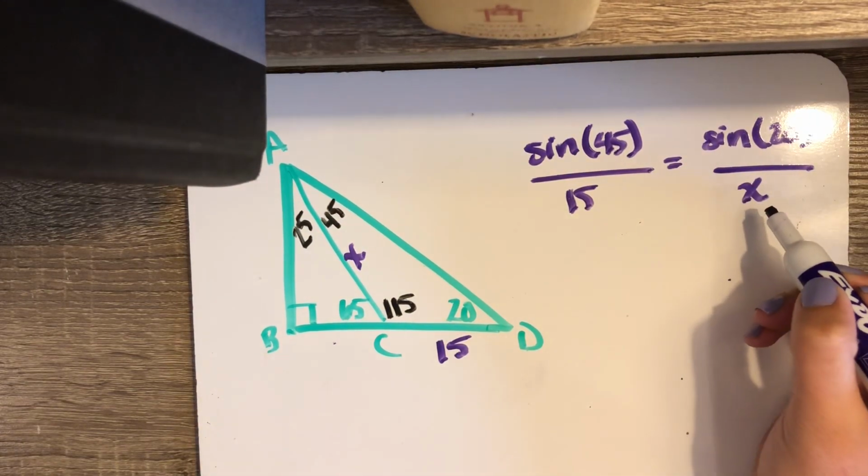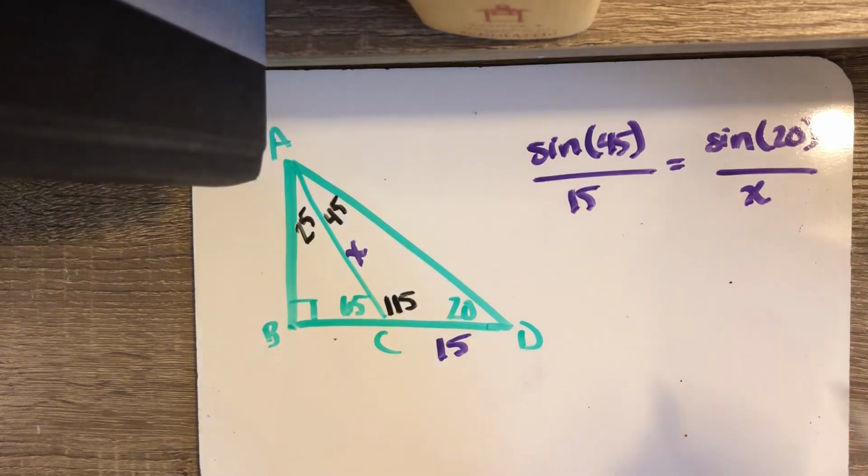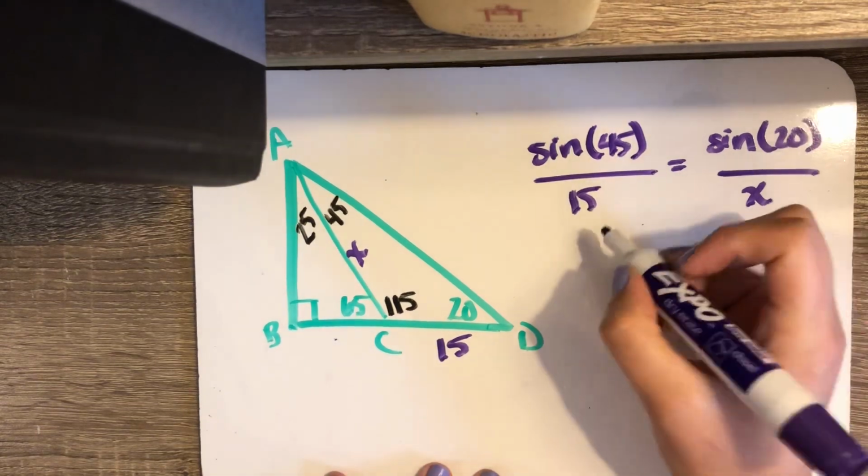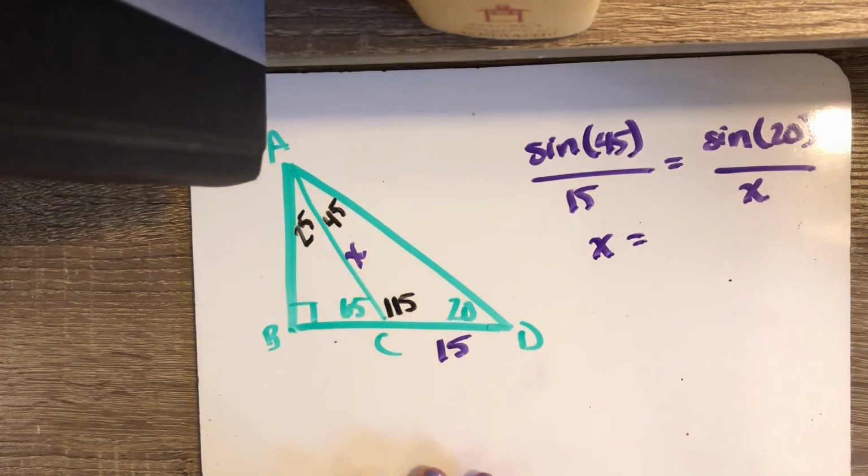X is what I'm looking for. So I'm going to cross multiply to solve for x. I'm not going to go through that whole process just to save time. Let's see, so I'm going to do 15 times sine of 20 divided by sine of 45.